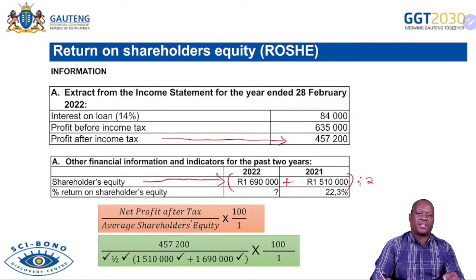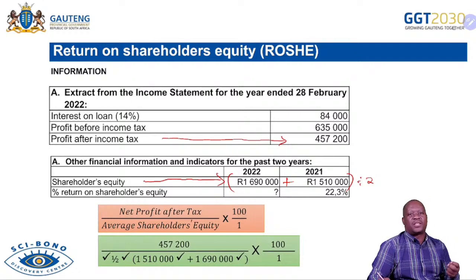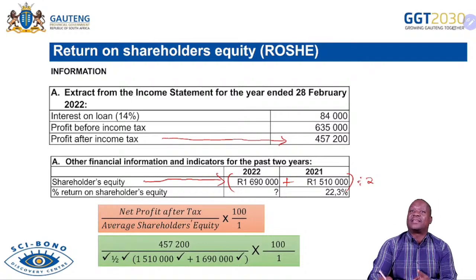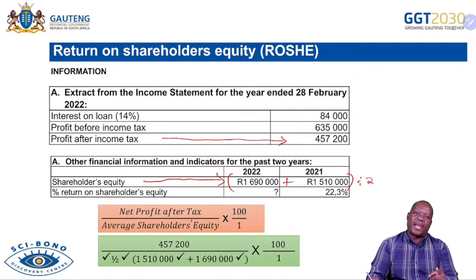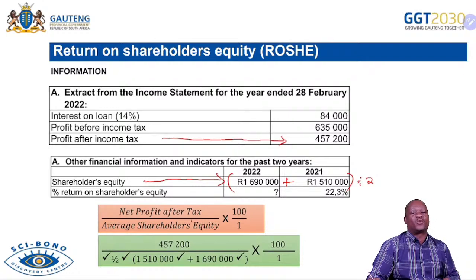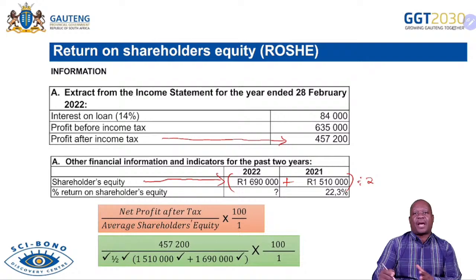I would want to emphasize here, you need to know what is the unit that you would want to have at the end. Because multiplying by 100, it doesn't mean it's percentage all the time. Sometimes we are multiplying by 100 because we want our answer to be in cents, because there are 100 cents in a rand. And then sometimes we are multiplying by 100 because we want our answer to be a percentage.